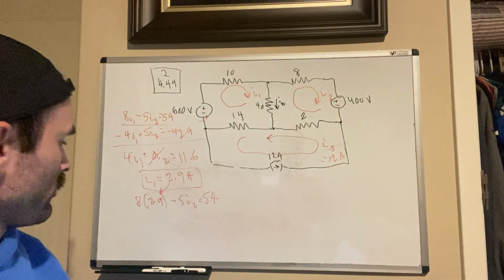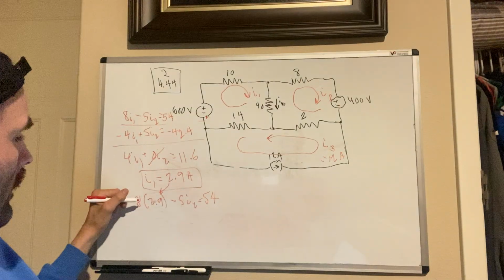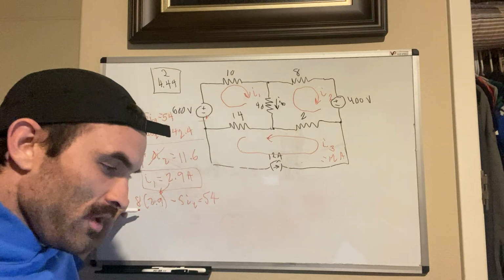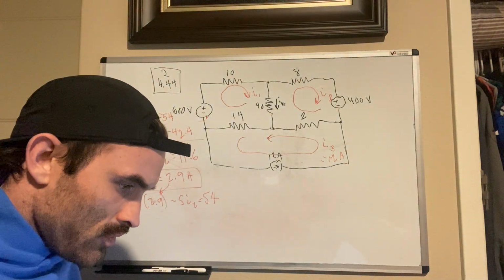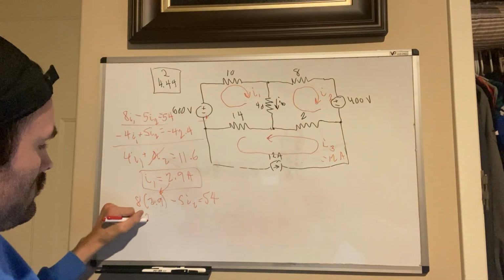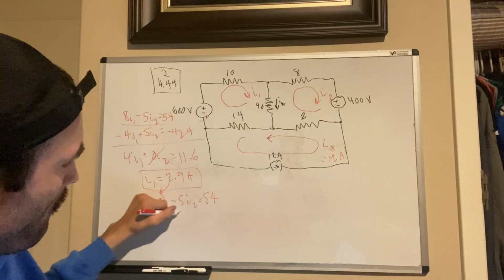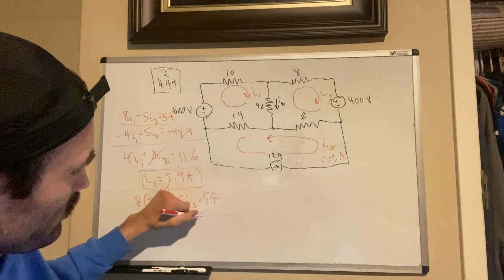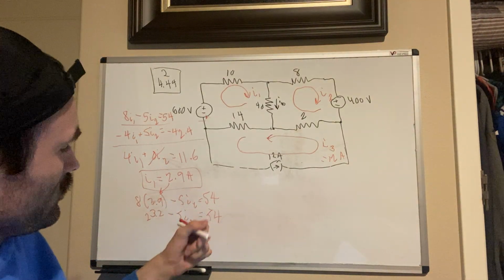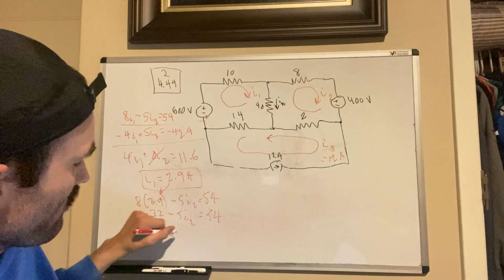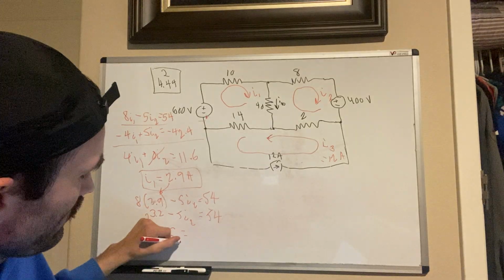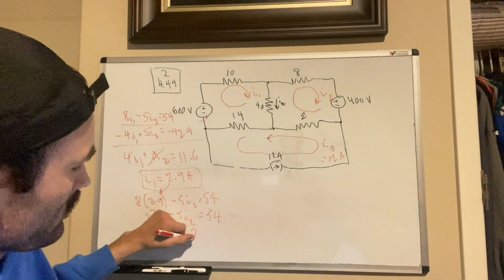Now, 8 times 2.9 is 23.2, I believe. Let me check my math on that. Yes, 23.2 minus 5I2 equals 54. And then if we subtract 23.2 from 54, then we're left with negative 5I2 is equal to 30.8.